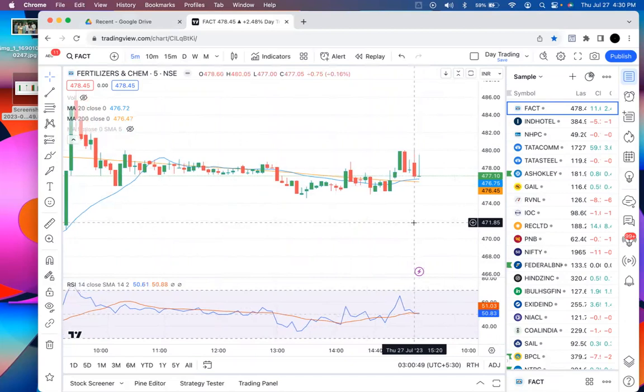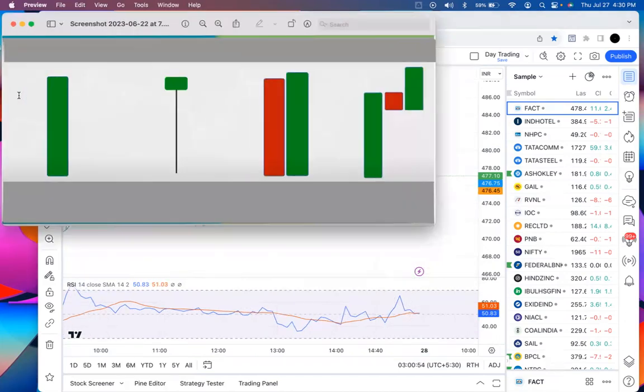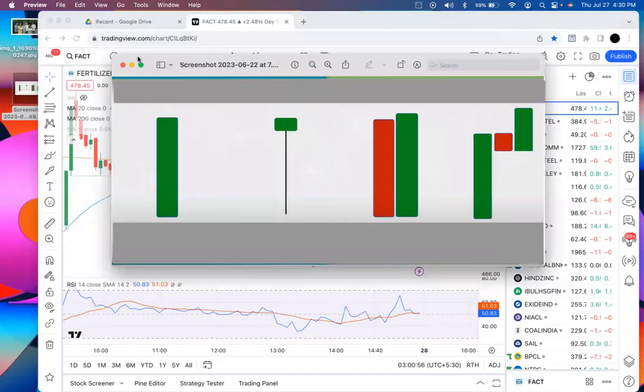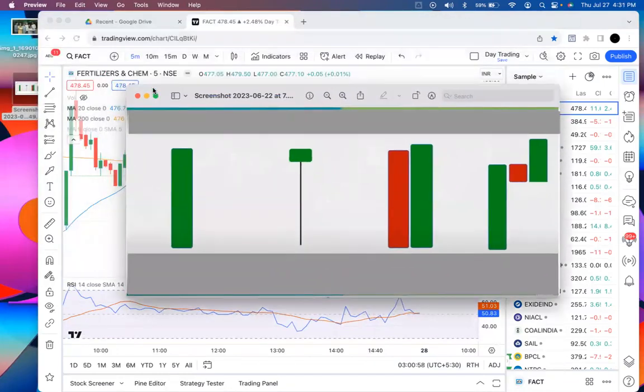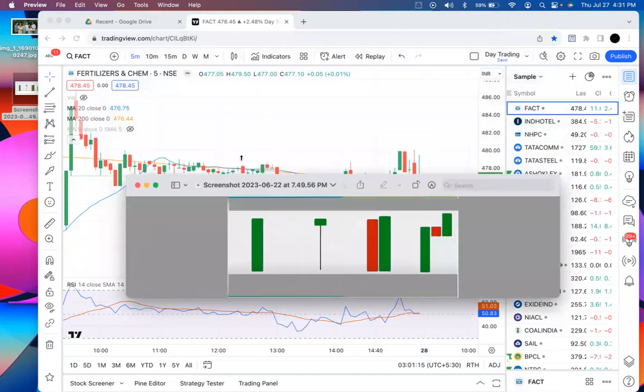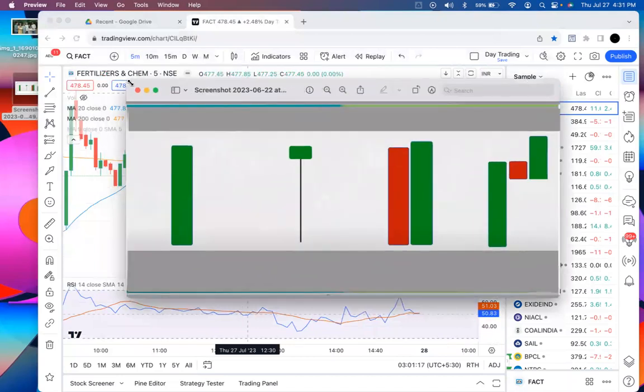How do I know which ones will go up? Well, I've shared with you different ideas of the candlestick patterns. I hope you're able to see this clearly on your screen. All right, here is a large green candle.